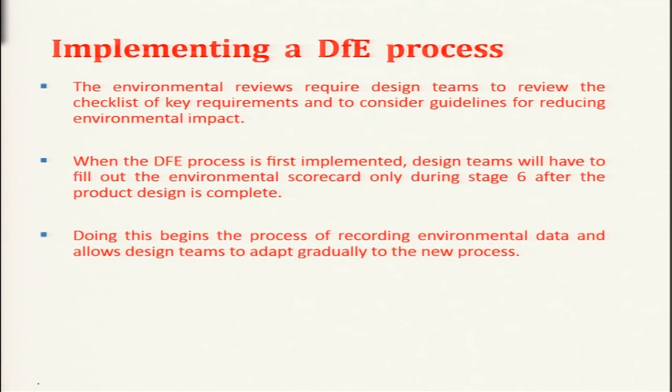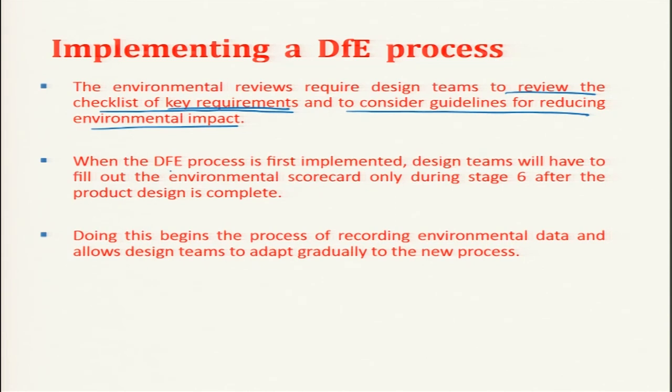So, let us try to see a few lines on this. The environmental reviews require design teams to review the checklist of key requirements and to consider guidelines for reducing environmental impact. This is general.